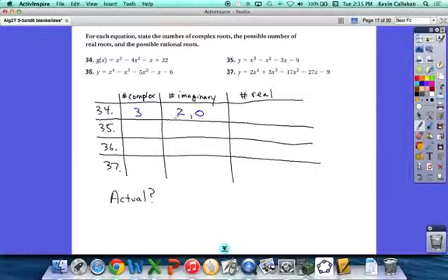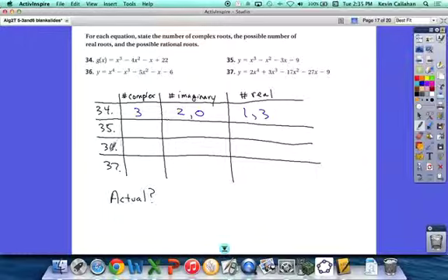So if there are 2 imaginary zeros, how many real zeros are there? 1, because they have to add up to 3. If there are 0 imaginary, how many real are there? 3. So the possible number of real zeros is 1 or 3.